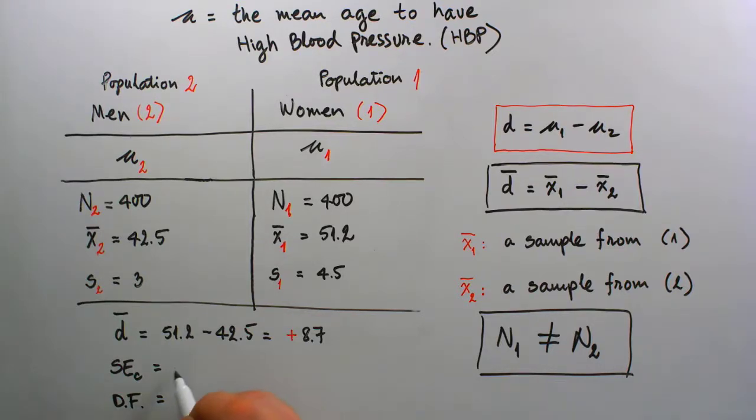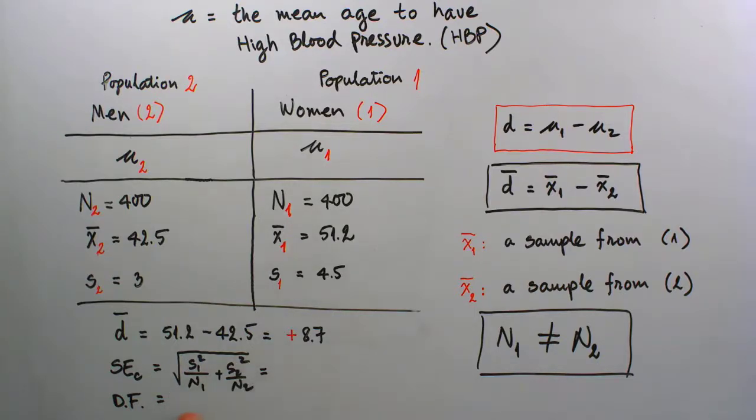And SEC, the combined standard error, is found by the square root of S1 squared over N1 plus S2 squared over N2. Even though we switched the labeling convention, the formula for SEC remains exactly the same, requiring the four important values N1, N2, S1, and S2.